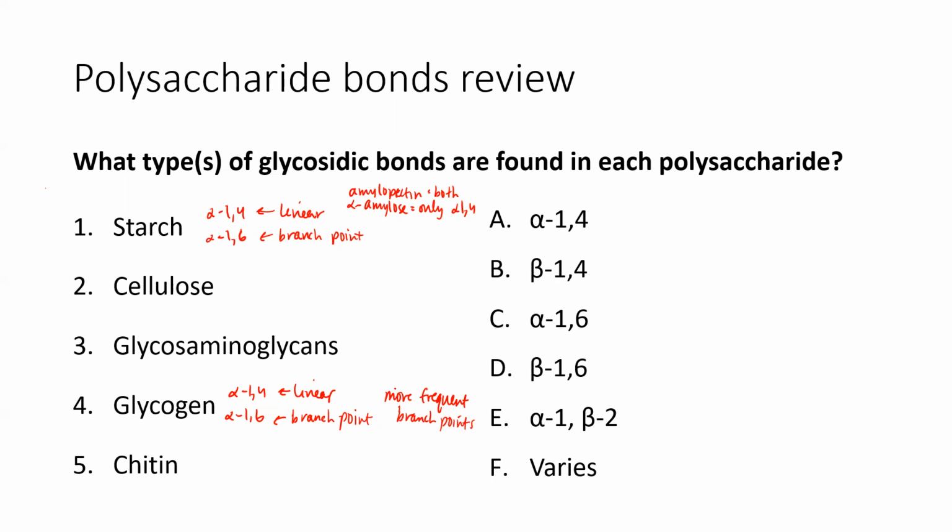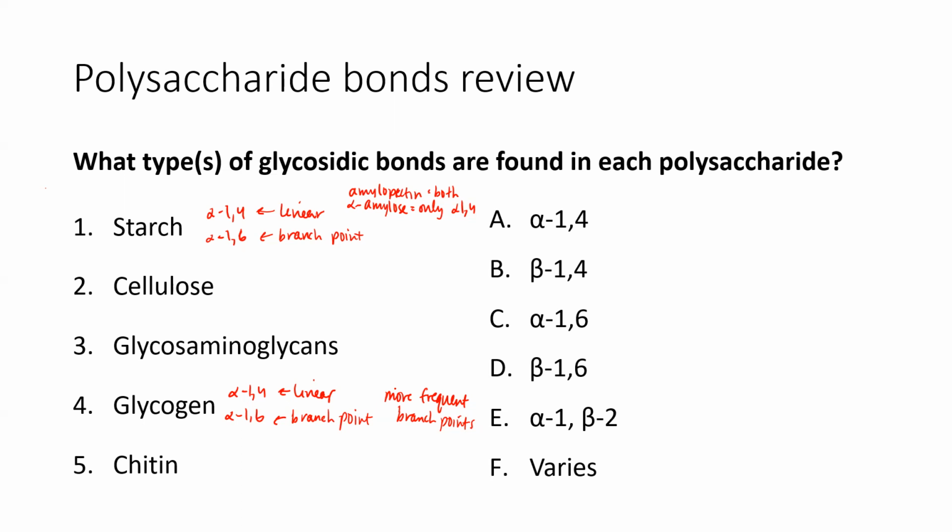Okay, so let's now think about cellulose. What types of glycosidic bonds do we see for cellulose? I had a quick question about glycogen. Sure. I know that it's only branched. So when you say the linear is alpha 1,4, is that just the linear part of the branch?